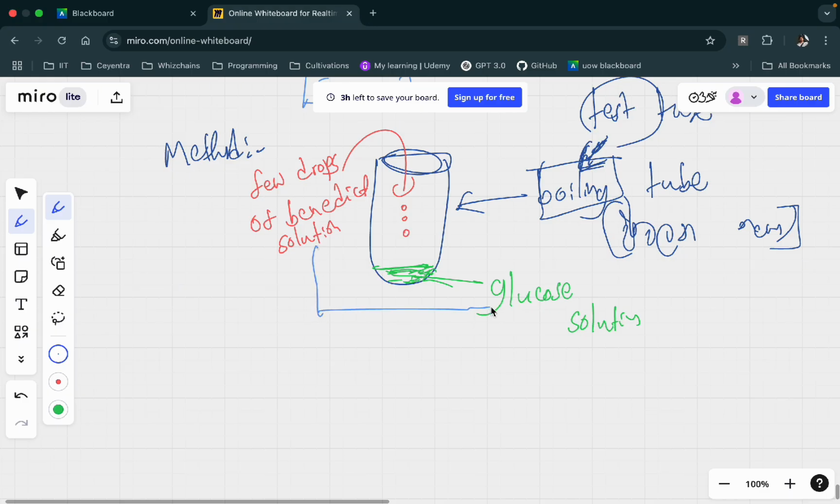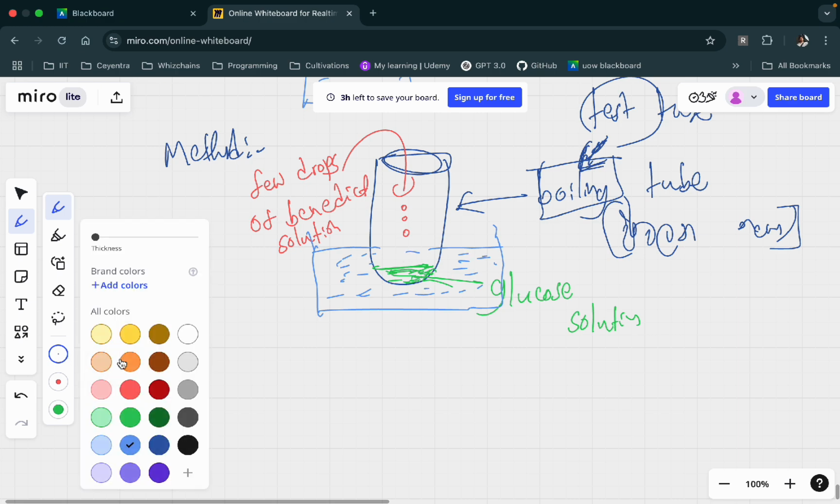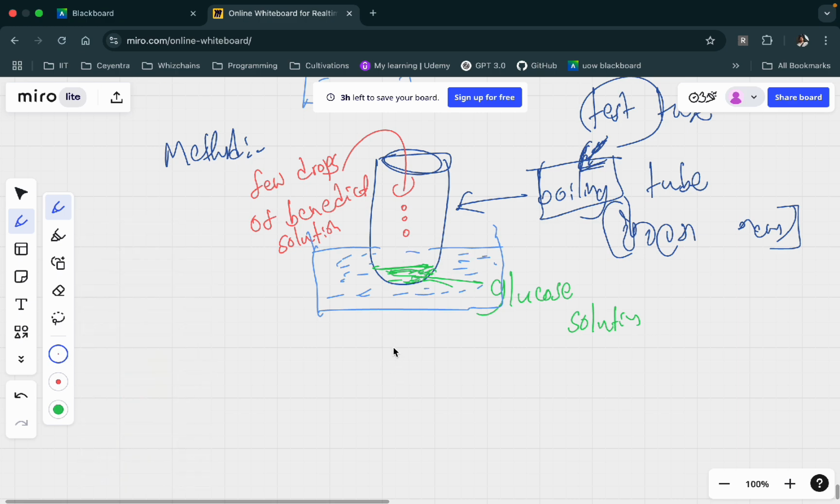Why we need this water bath? We need to put our boiling tube inside this water bath, and then we need to heat it, or we need to provide flame for it by using the Bunsen burner.